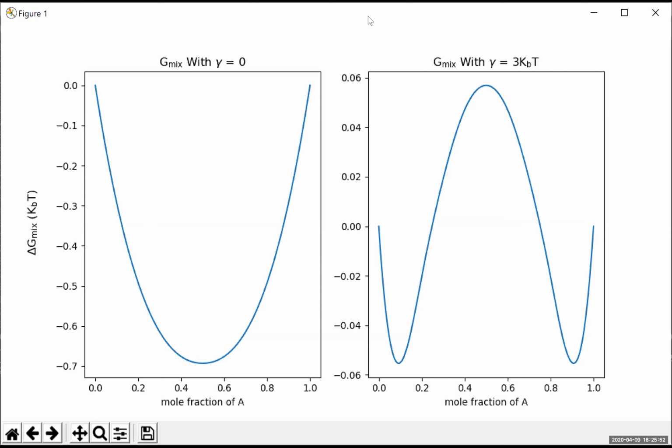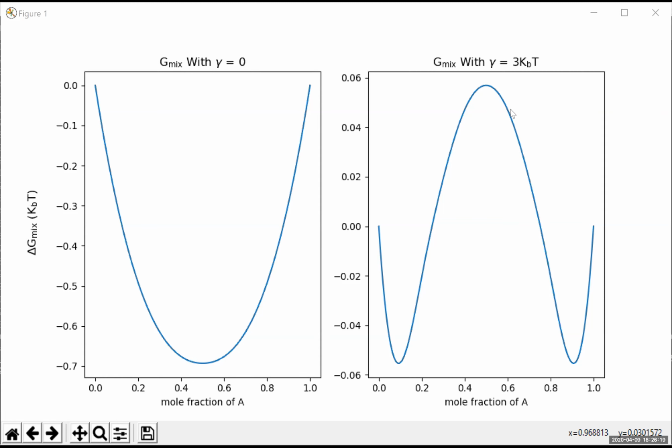For the graph on the right, there are two equal minima positions around 0.1. This signifies that it's most stable at a mole fraction of 0.1 for A and 0.9 for B, or a mole fraction of 0.9 for A and 0.1 for B.